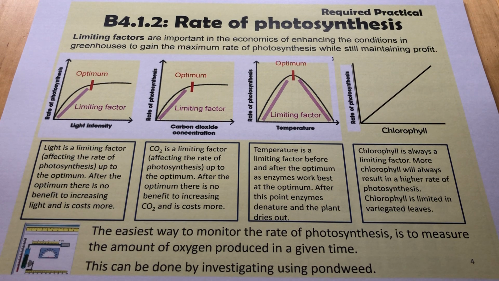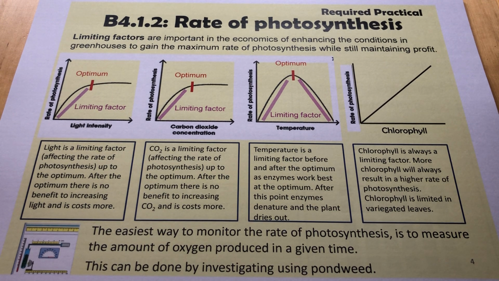Okay, carbon dioxide, second graph, has the same sort of shape to the graph as light, and carbon dioxide can only be adjusted in a greenhouse, where the carbon dioxide can be contained, or in our reaction down here, when we did our computer model, we used pondweed and we put a chemical in there that increased the carbon dioxide levels in the water.